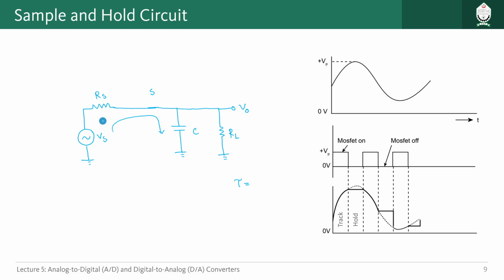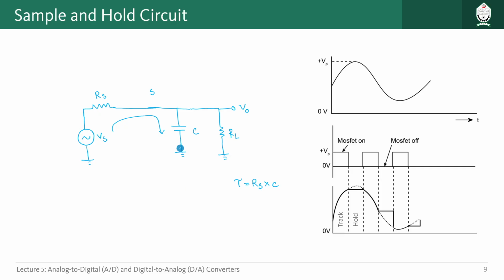In our case, because in this path this is getting charged, the value should be Rs multiplied with C. Generally, if you want to know exactly the amount of time for it to get fully charged, the value should be approximately 5 tau. So this is the value that governs the amount of time this capacitor will take to get charged.